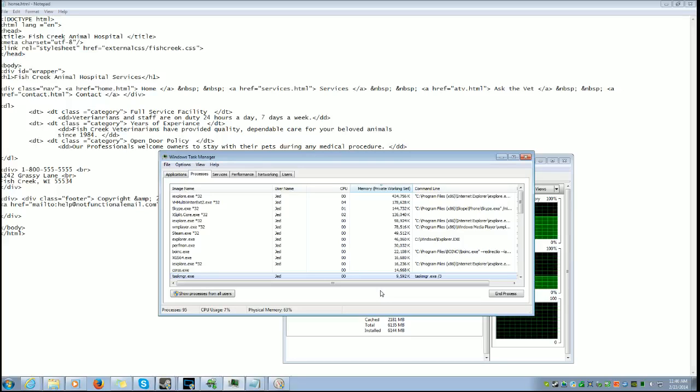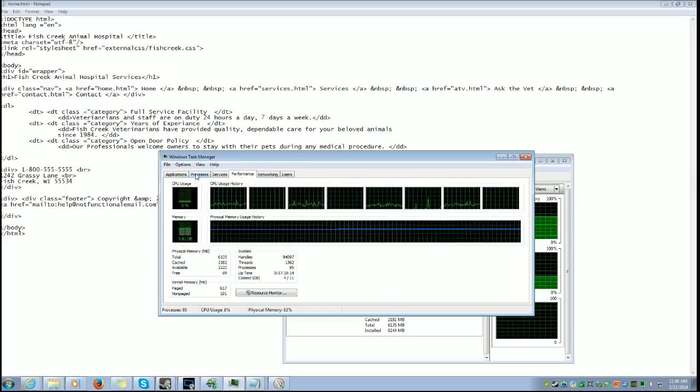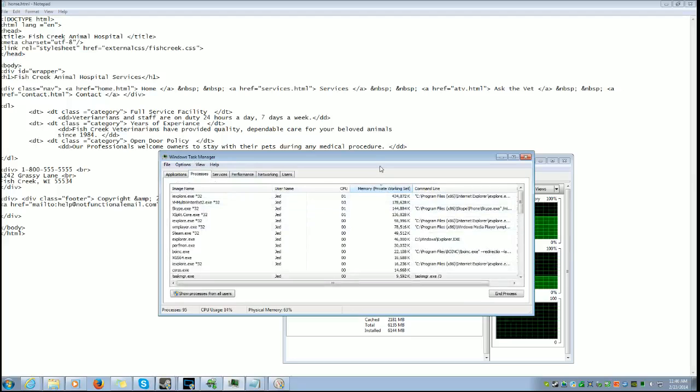Internet Explorer is using the most at the moment, 434 megs. That's a lot. Yeah, you're only running 32-bit as well, aren't you? No, this is 64-bit. Yeah, but if you notice, everything's marked 32 on the left-hand side. Oh, because this is all 32-bit programs. Yeah, but more importantly, why is IE 32-bit? I have no clue.